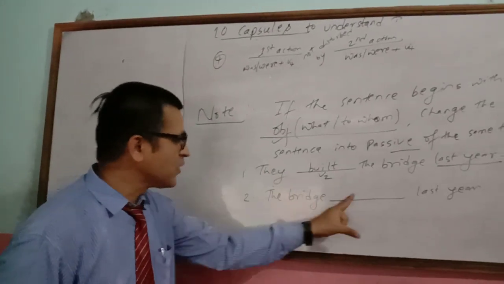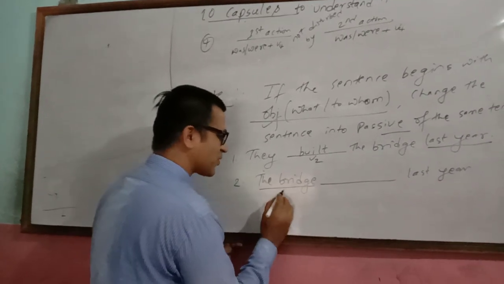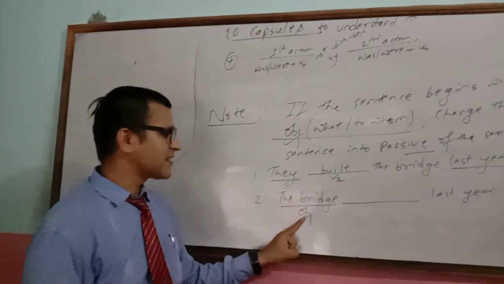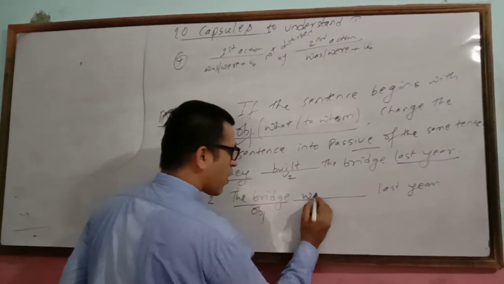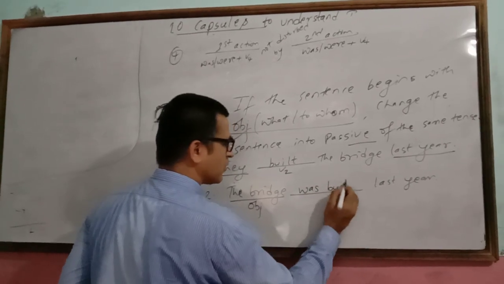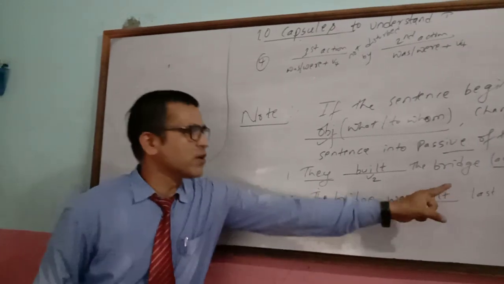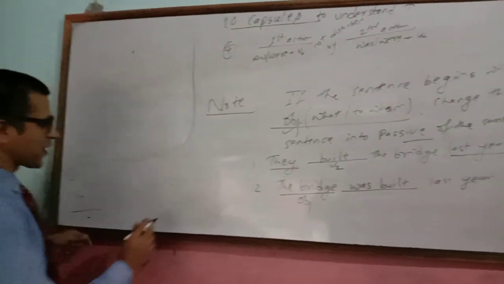Then I must use built, V2? No, because the sentence begins with object. This time the sentence begins with object, so the answer must be was built. The bridge was built last year, right? So this we should not forget.